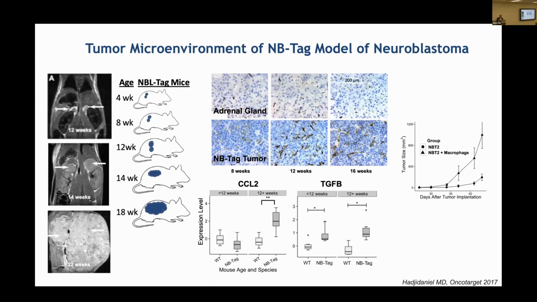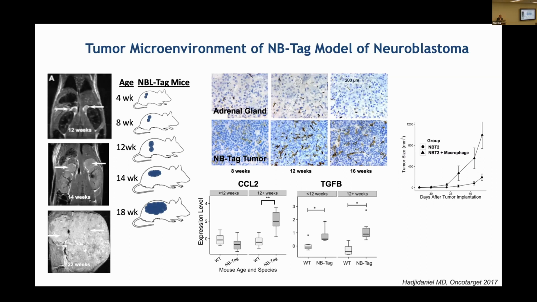And this led us to more of a wet bench type of work, and we've looked at animal models of neuroblastoma. We have a very faithful recapitulation of the tumors growing in these mice that are driven by a TH-MYCN oncogene. We could take these tumors at different ages and realize that once they get to be a certain size, macrophages infiltrate these tumors again. That's at the bottom.